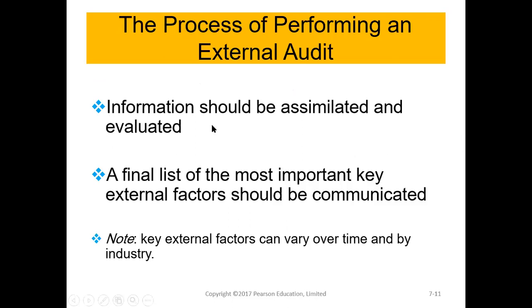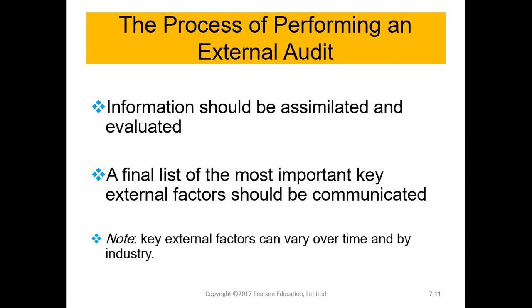When you gather the information, you collect it and then you start to evaluate it. You might have 100 opportunities and threats. Are you going to use them all in developing your strategy? Of course not. You gather as much information as possible, and then you make a final list of the most important key external factors that you should consider when developing your strategy.